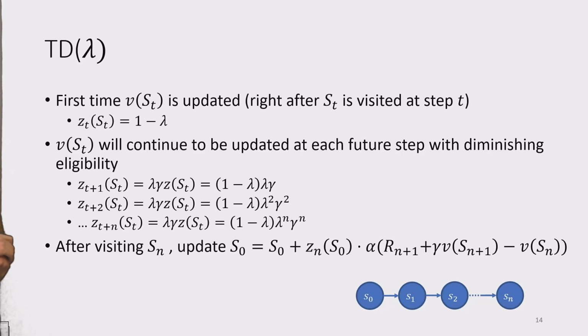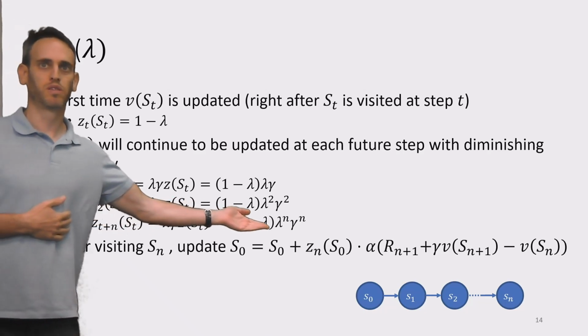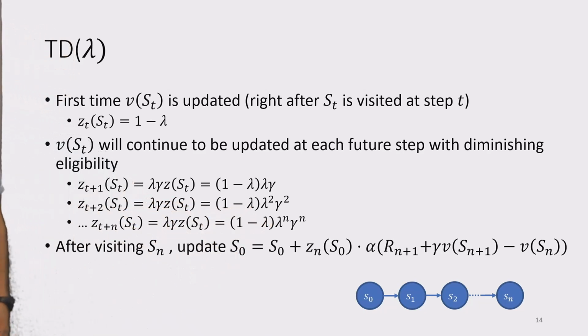So as we just saw, the first time we visit a specific state, s_t, we update its eligibility to be 1 minus lambda, based on the equation that we saw previously. And the state value for this state, s_t, that we visited at the current time step, will continue to be updated at each future step with diminishing eligibility, right? So the eligibility will decay with lambda over time.